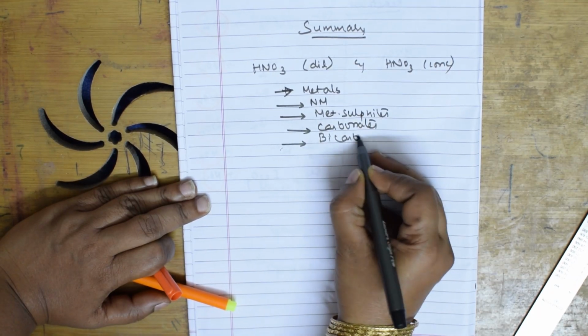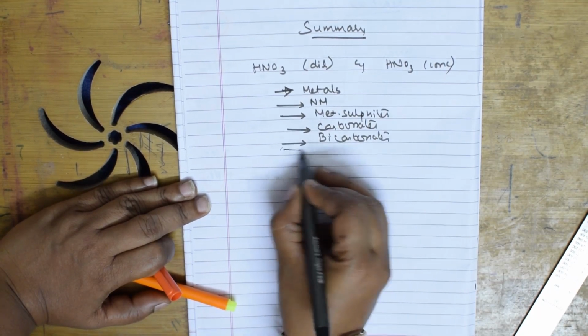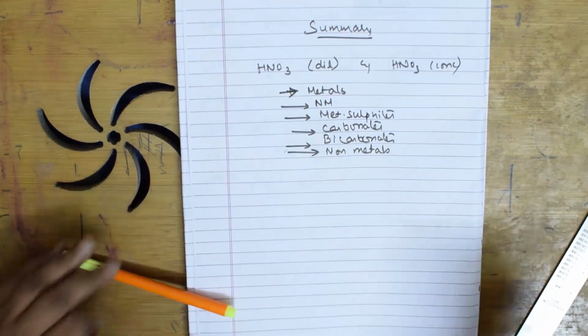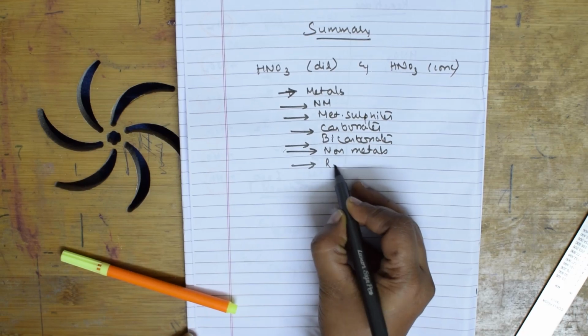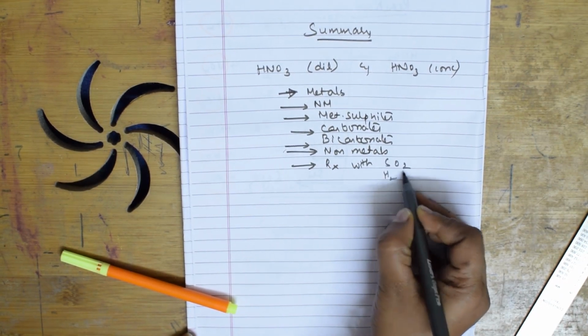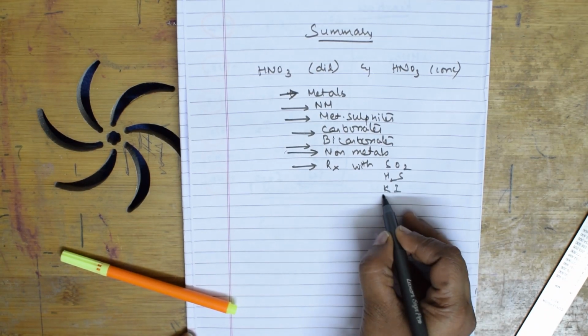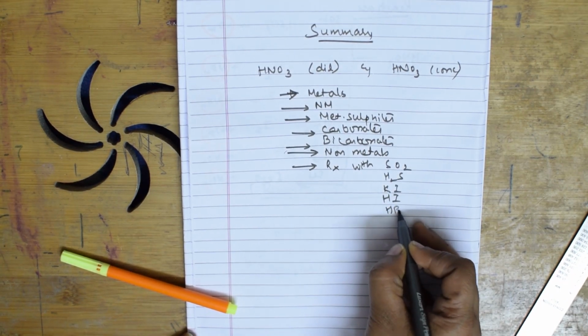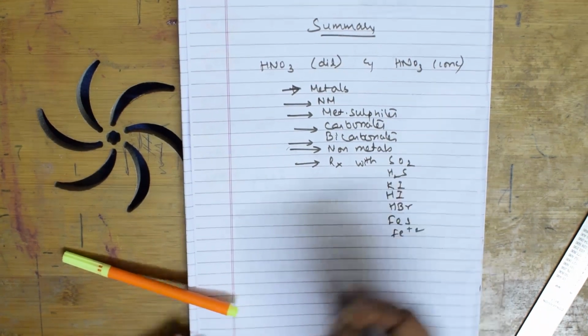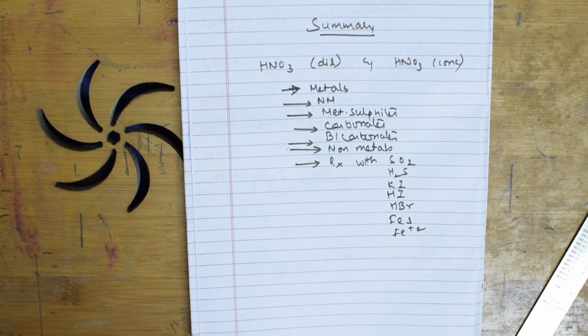Then I have seen reactions with non-metals, isn't it? Then I have seen reactions with elements like sulfur dioxide. Let us write that. I have also shown you reactions with sulfur dioxide, H2S, KI, HI, HBr, FeS, Fe+2. This is how. Yes.